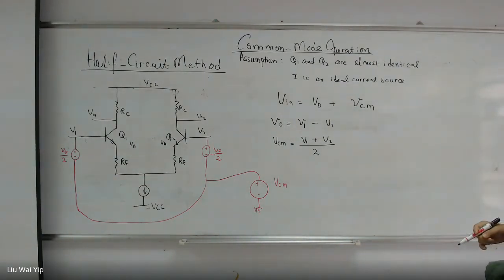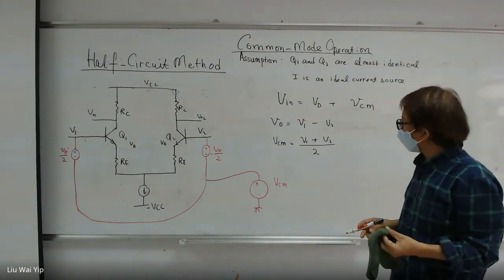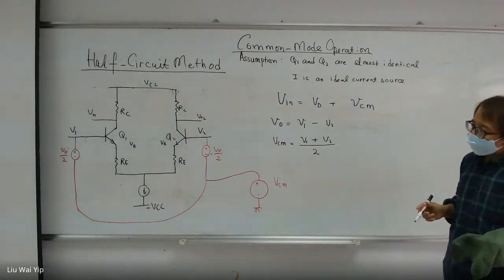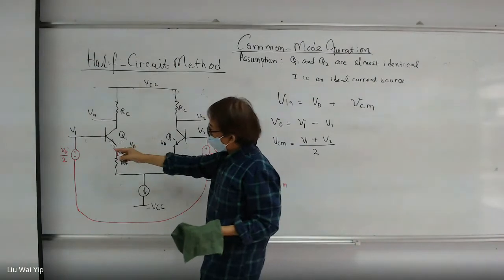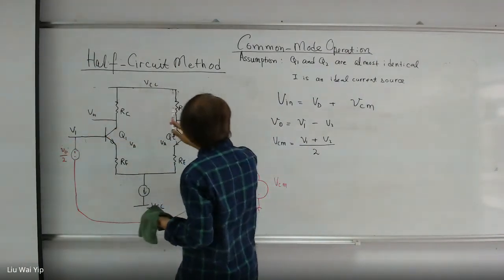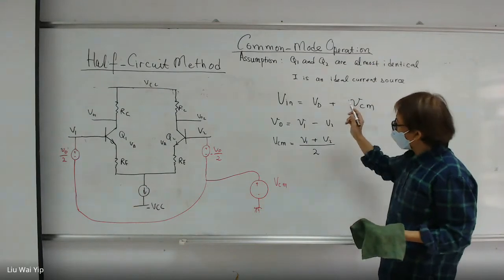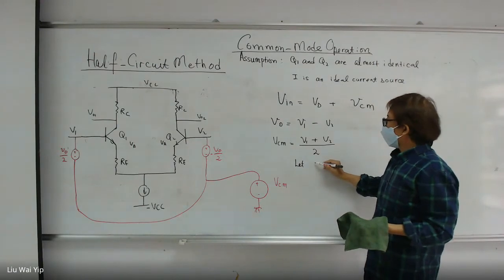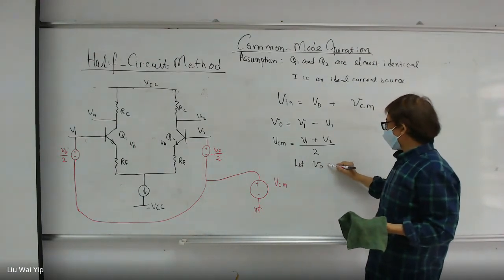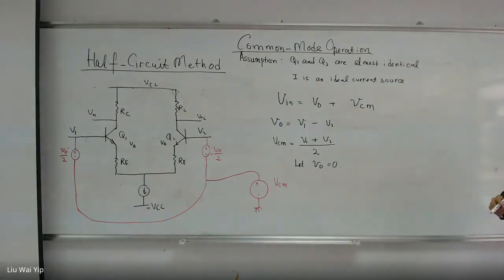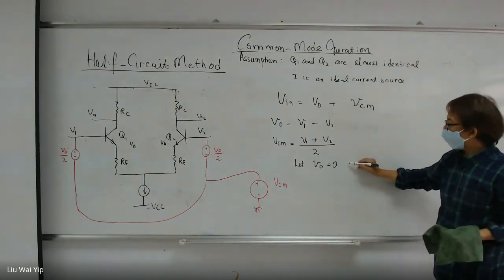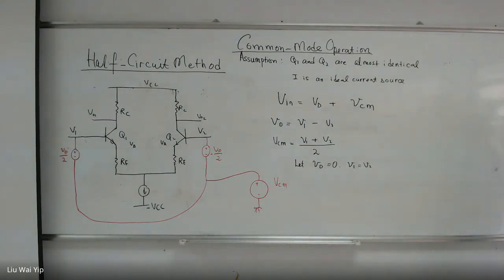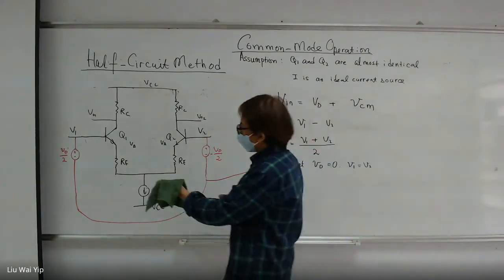Now our job is to find out the common mode gain. To do that, the first thing is we let Vd be 0. This means V1 is exactly the same as V2. So now both voltages are the same.